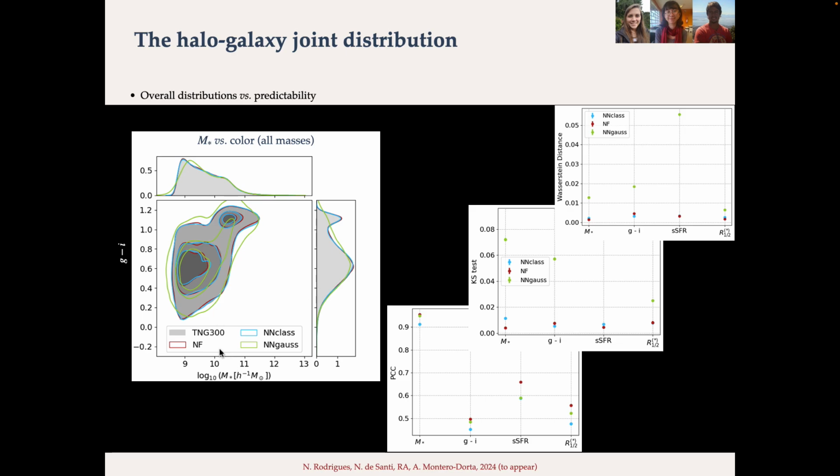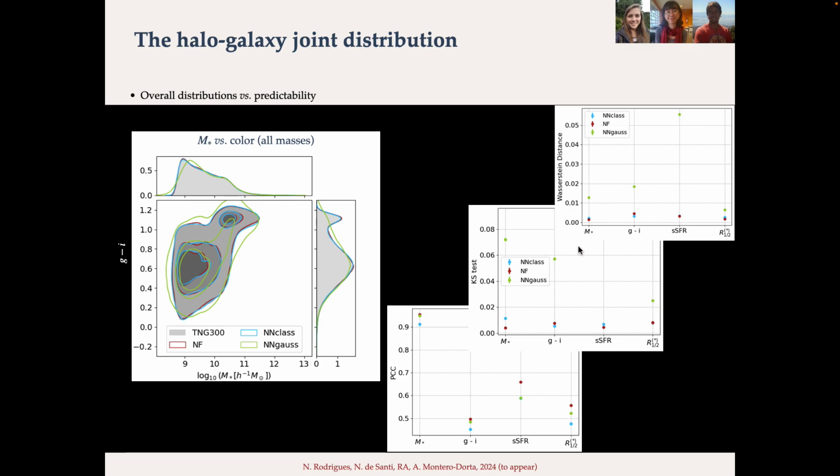This is again the stellar mass color space. The truth is in the gray contours, and each method is now overlaid, so you can see how normalizing flows reproduce extremely well the actual distribution, followed by NN class, which is good but not perfect, followed by the Gaussian approximation, which is just terrible.